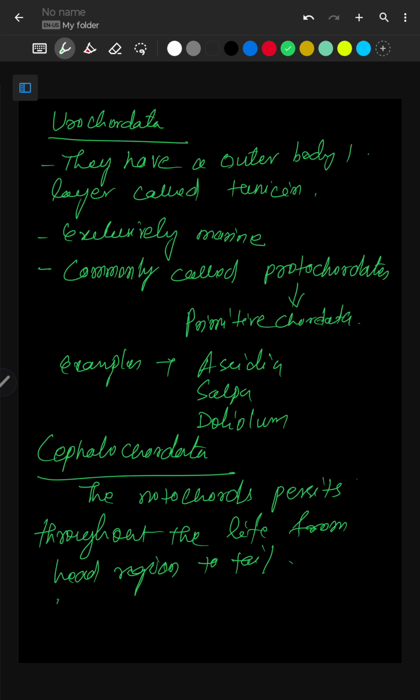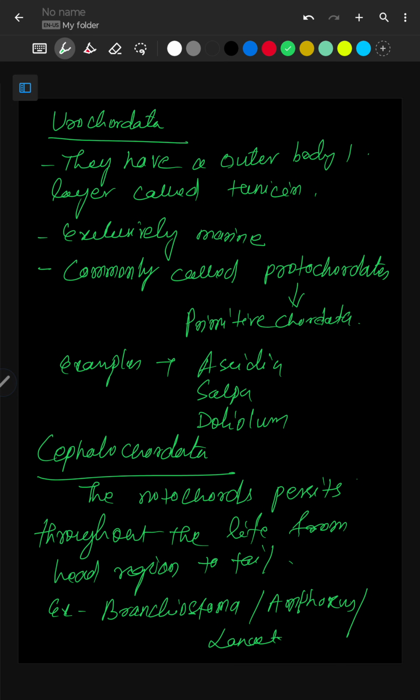The example is Branchiostoma, also known as Amphioxus. They are also called lancelets because they have a lance-like body structure.